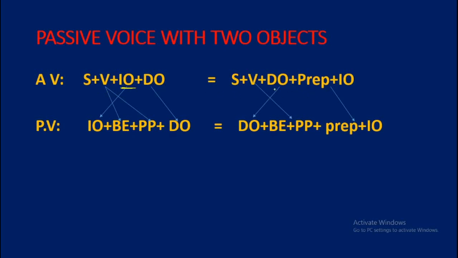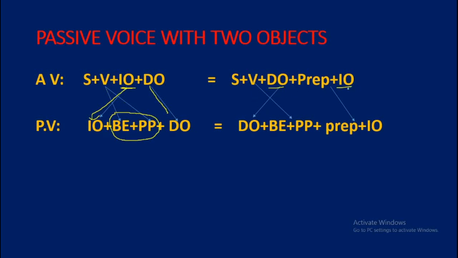When you take the direct object first and the indirect object next, there should be a preposition before the indirect object. Similarly, passive voice can be changed. If you take the direct object first as the subject of the passive verb, the indirect object goes at the end, and the passive be form can be changed as usual, that is, verb be form plus past participle, according to the tense.